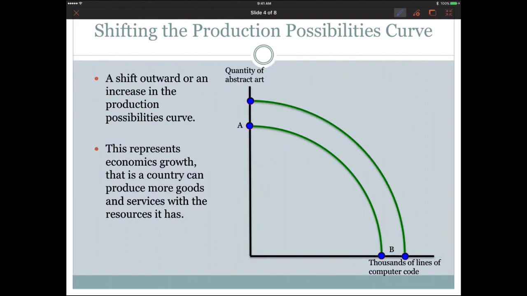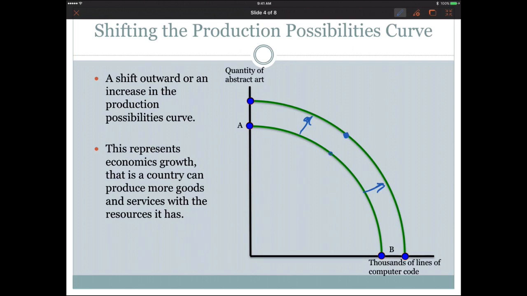Here we've got a shift outward of our PPC curve. We represent it by just another line that's drawn further out up to the right. And every point along this line represents more stuff.